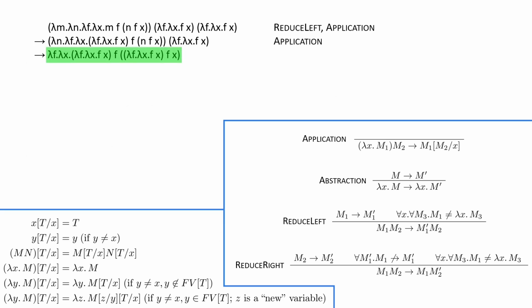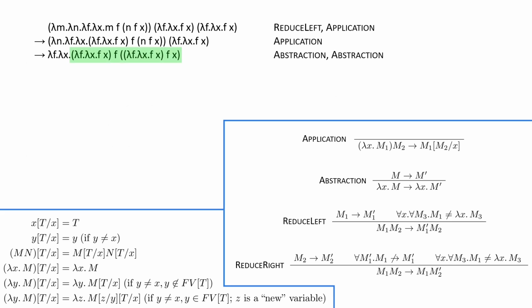Now our expression is an abstraction, and we only have one rule for reducing abstractions, the abstraction rule. It matches if the body of the abstraction itself can be reduced. The body is also an abstraction, so we just do it again.